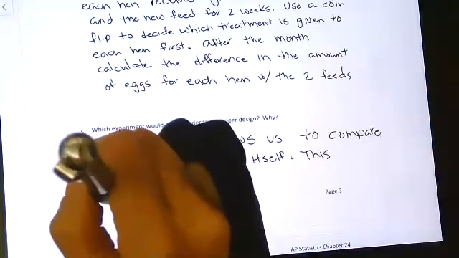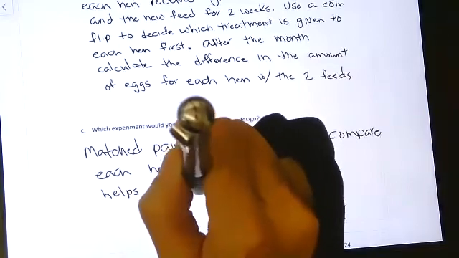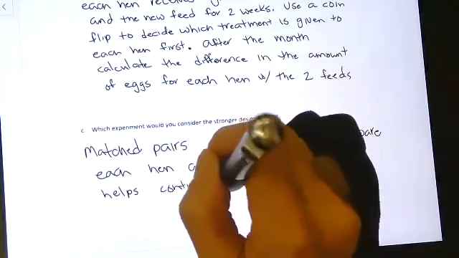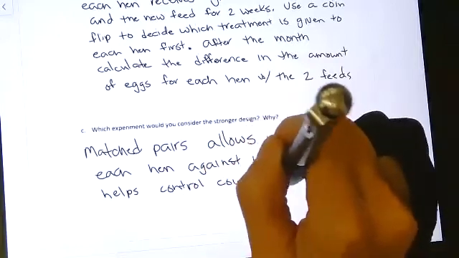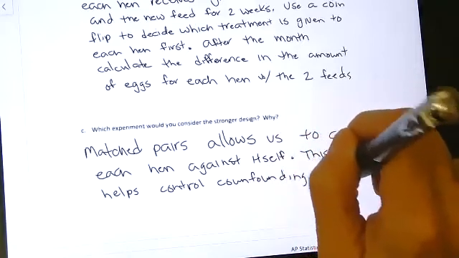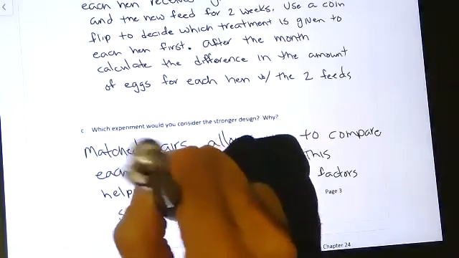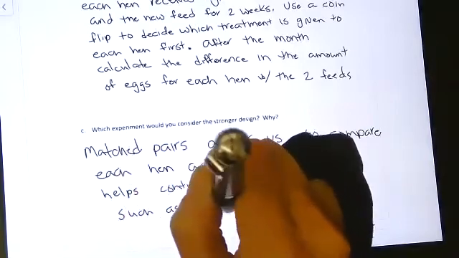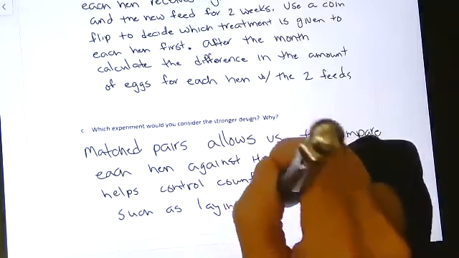This helps control confounding factors such as laying ability. There might be other confounding factors, I don't know, but that's one that I can think of.